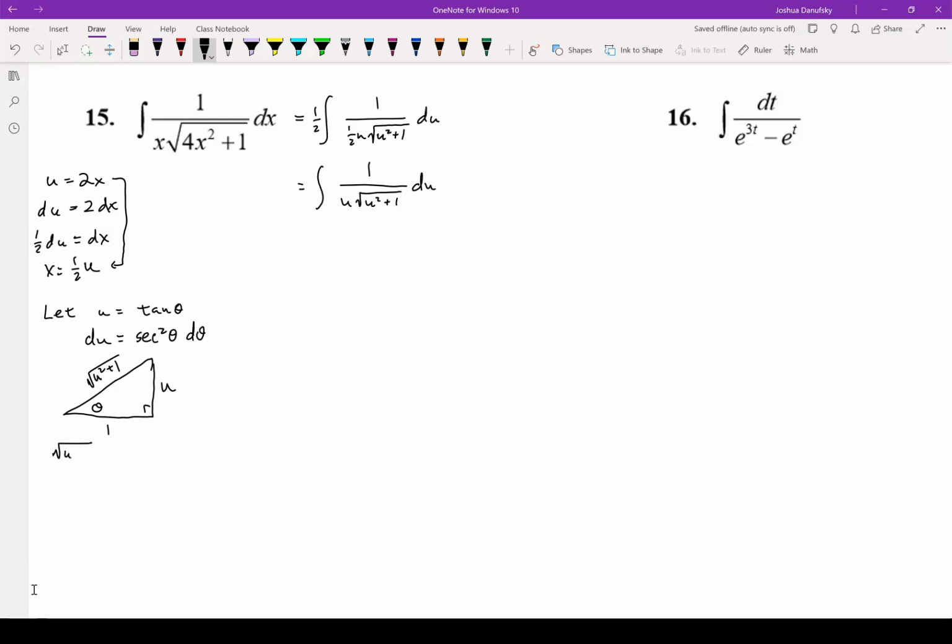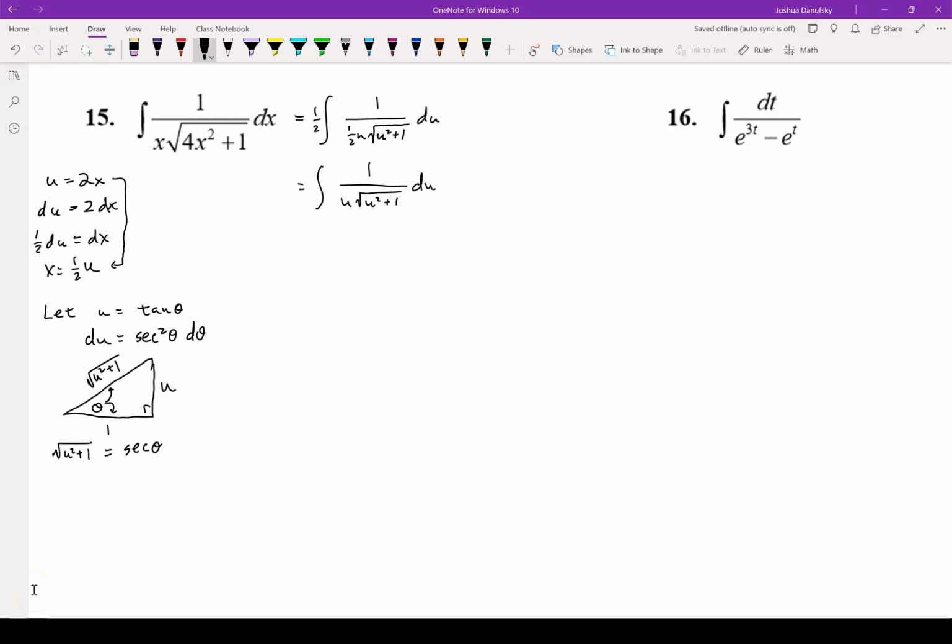We know that if we use the adjacent and the hypotenuse, cosine of theta would be 1 over the square root of u squared plus 1, so secant theta equals the square root of u squared plus 1.